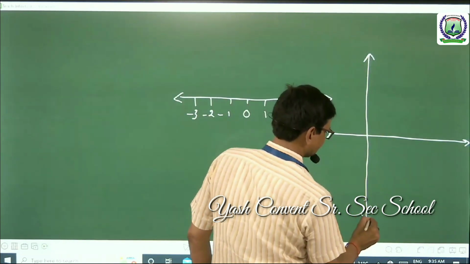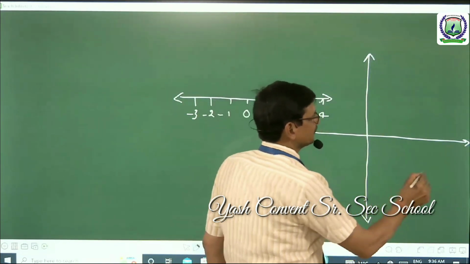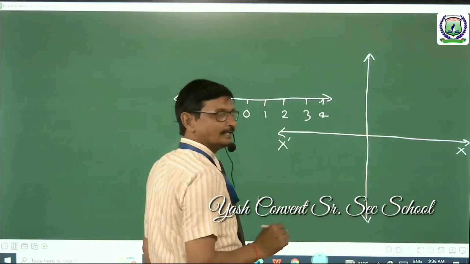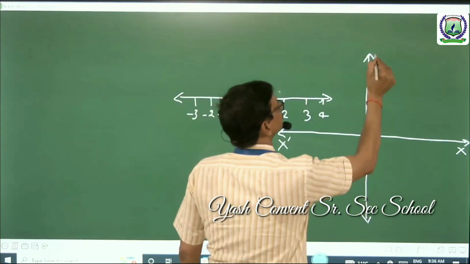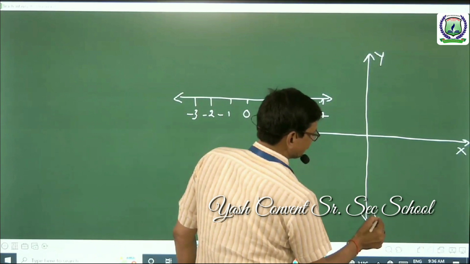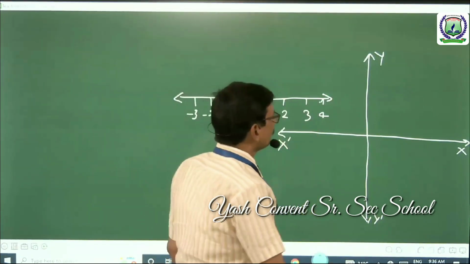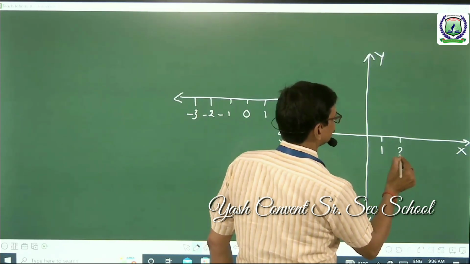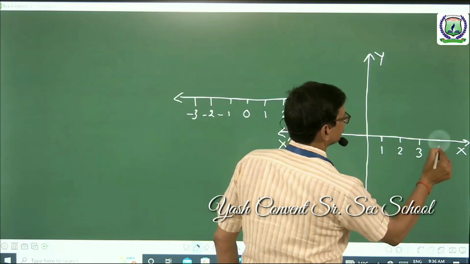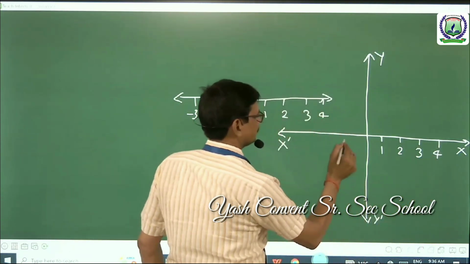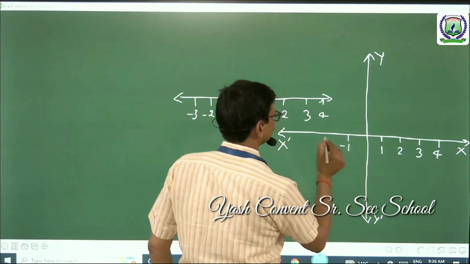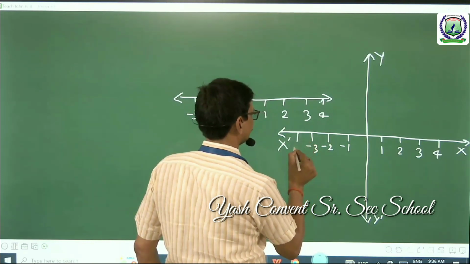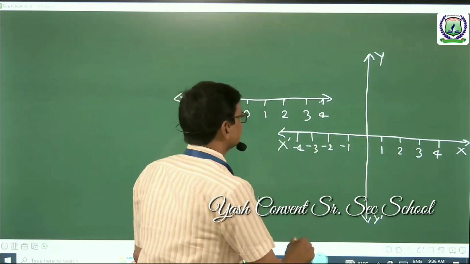Here this horizontal line is known as the x-axis, written as x dash, and this vertical line is known as the y dash axis. The points on the x-axis are 1, 2, 3, 4 on the right side and -1, -2, -3, -4 and so on on the left.